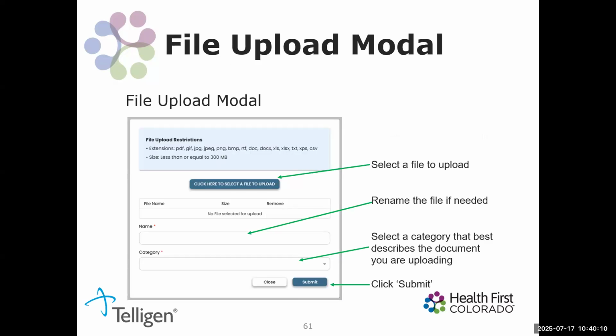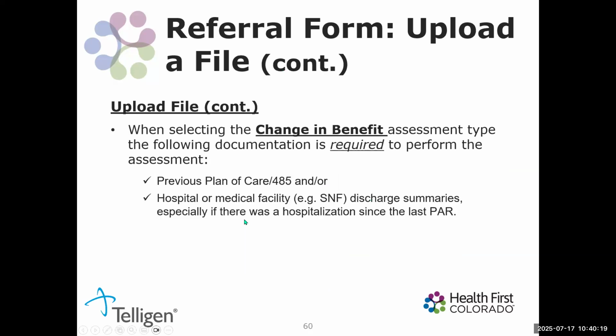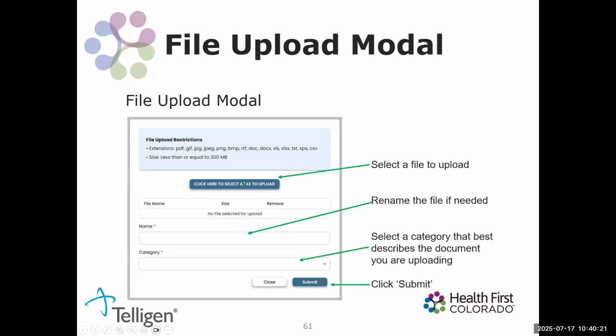So to upload your documentation, I'm going to just skip back one. You're going to click this upload file button. You are going to come in here and click here to select that file. The name of the file will populate here.